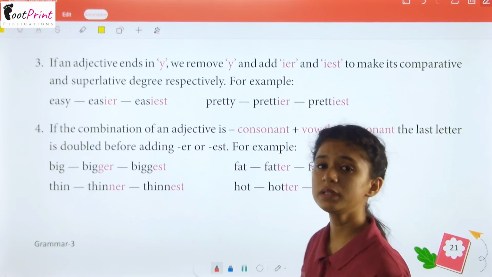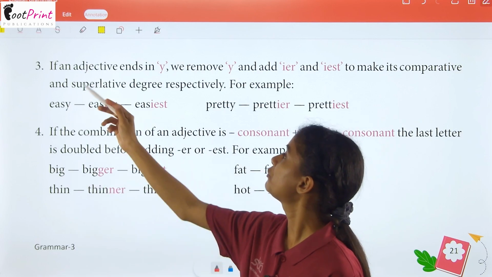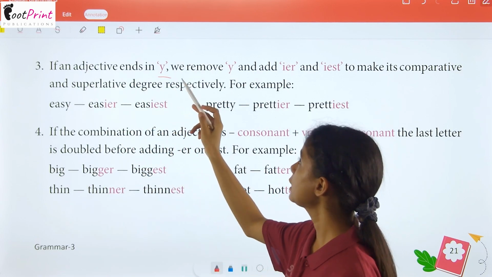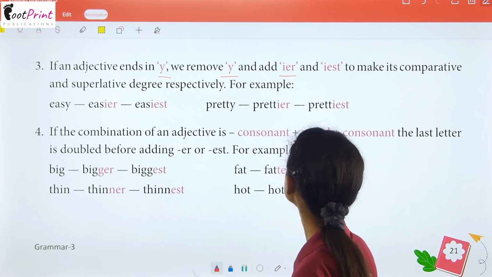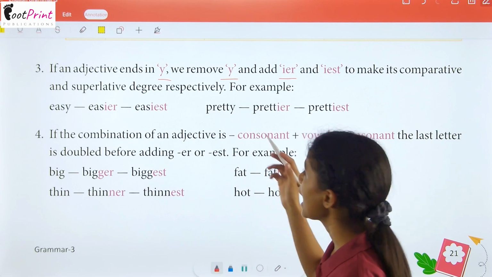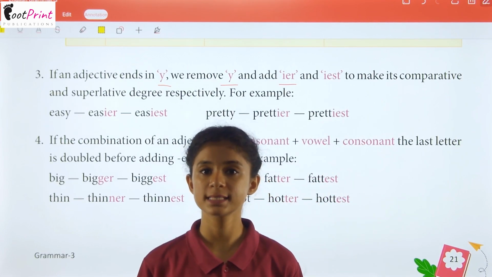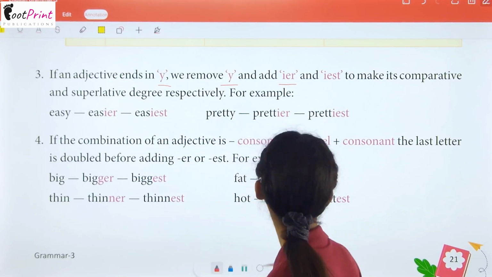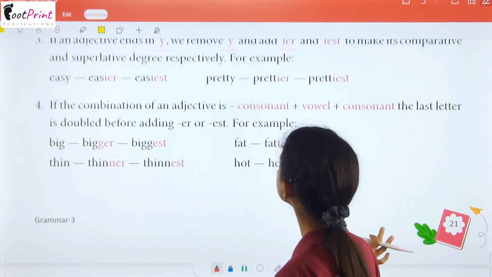Now we will see some other points, that is point number 3. If an adjective ends in Y, we remove the Y and add IER. So, if an adjective ends with Y, we will add IER or IEST to the ending to make its comparative and superlative degree.